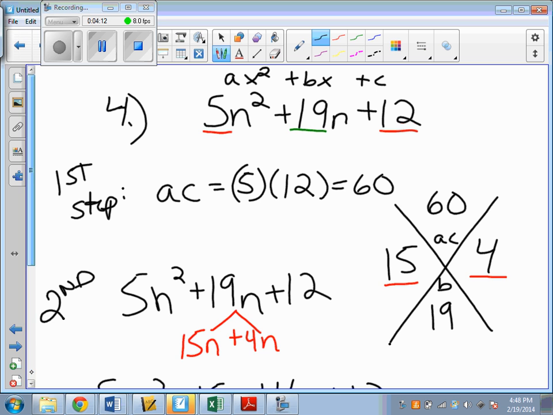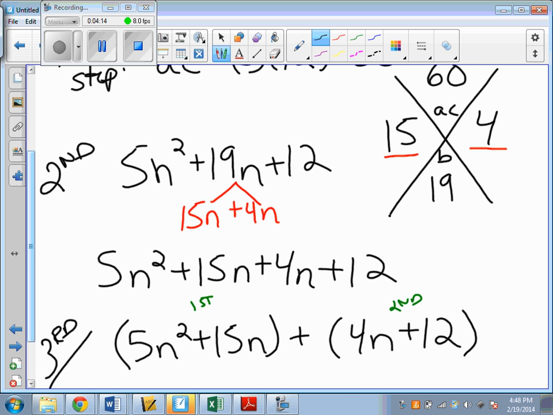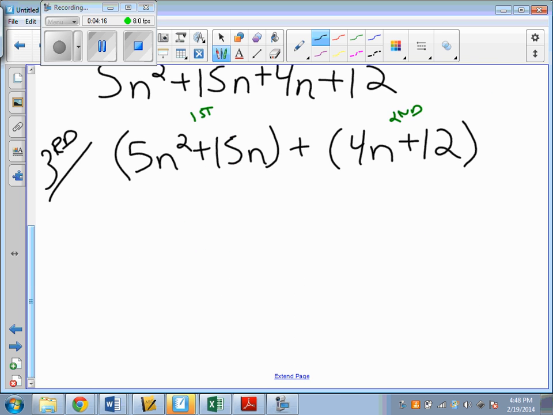Okay, so my greatest common factor of 5n squared plus 15n is 5n, because both of those terms have factors of 5 and n. So when I factor out 5n from 5n squared, I just have n left, plus 15n divided by 5n is 3.